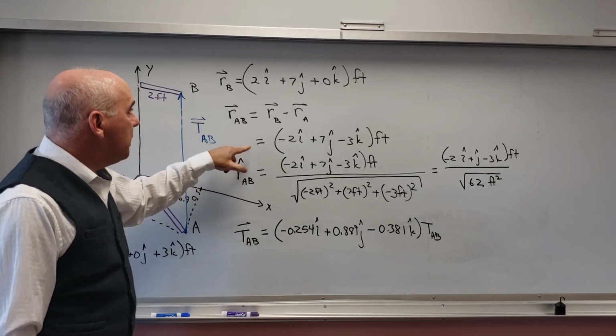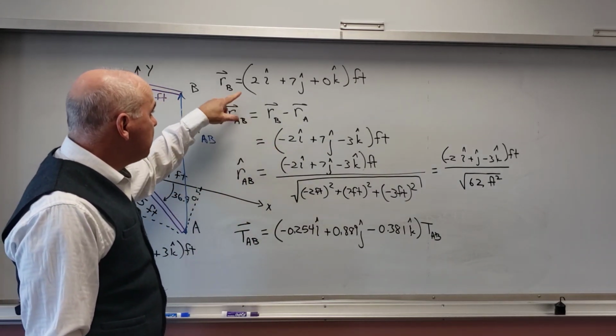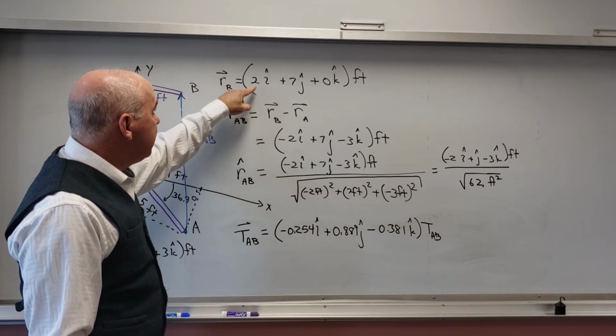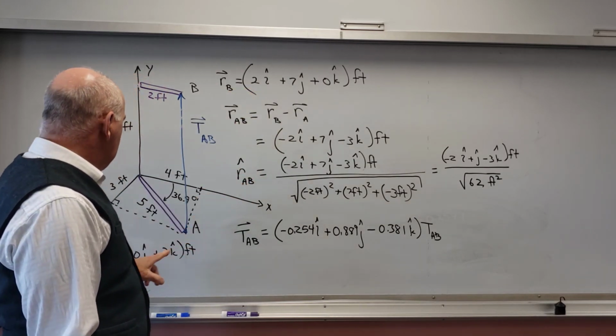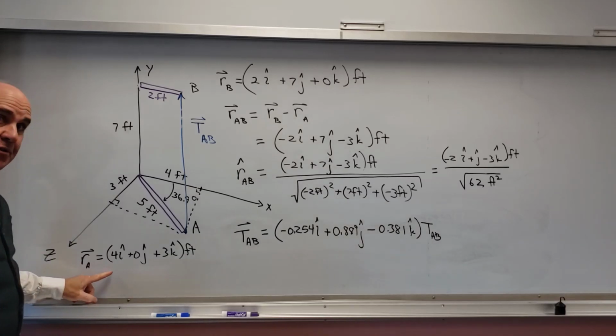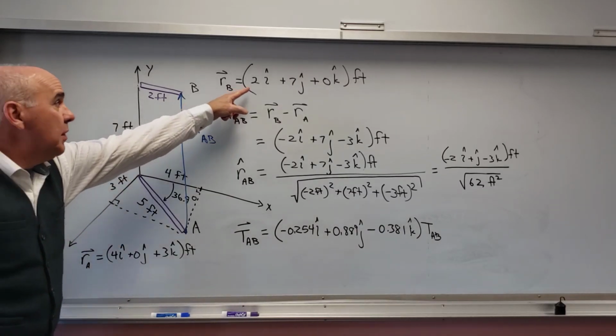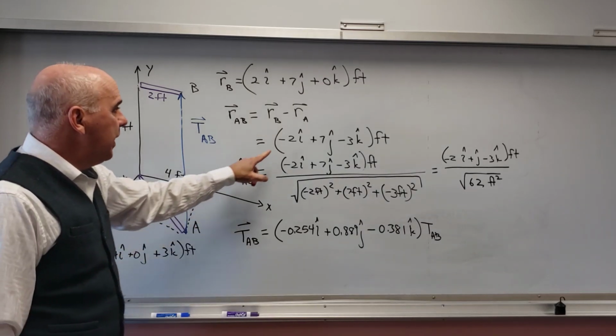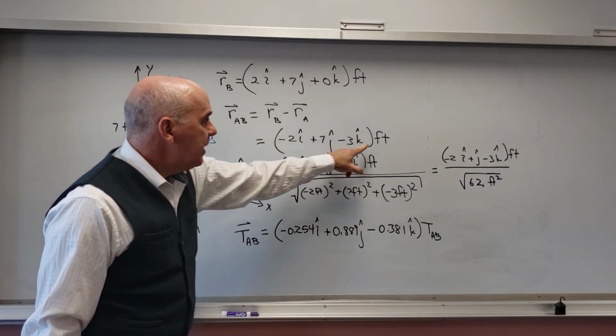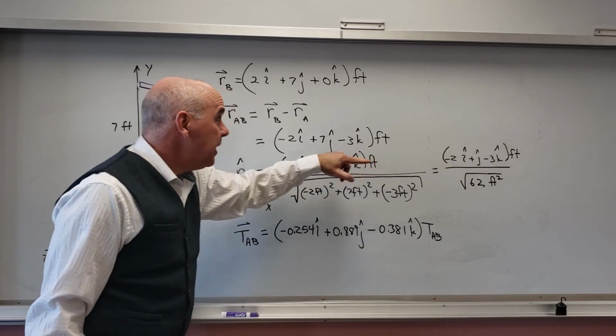And so that's going to be, in the x direction, B minus A, so it's 2i, and then I'm going to subtract from over here 4i. So 2i at B minus 4i at A is negative 2i, and that's going to be in feet, which I'm putting out here at the end.